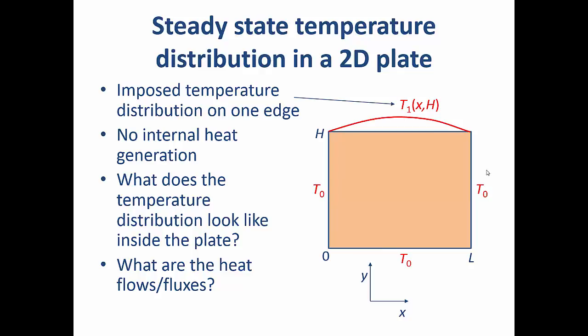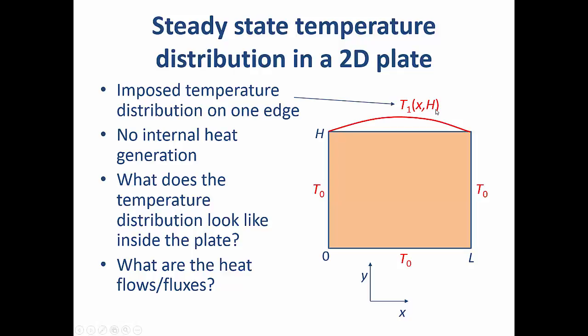We'll consider the case of no internal heat generation and ask the question of what does the temperature distribution look like inside the plate, and also whether we can calculate the heat flows and heat fluxes, which we would expect to be able to do once we have a temperature distribution by simply applying Fourier's law.